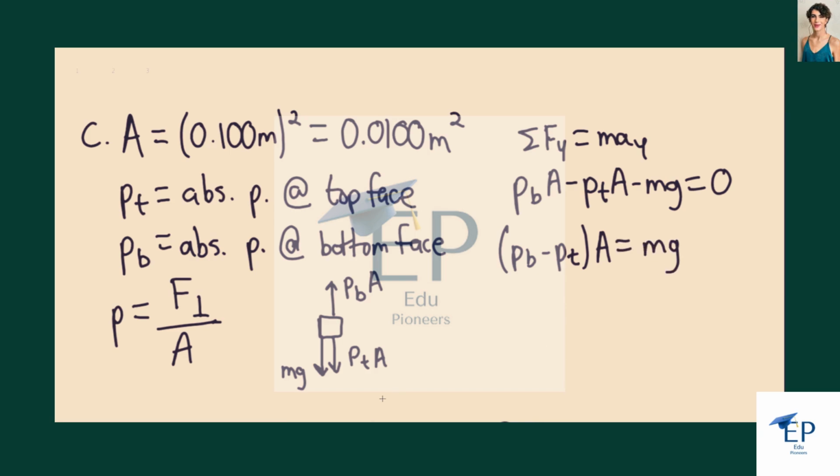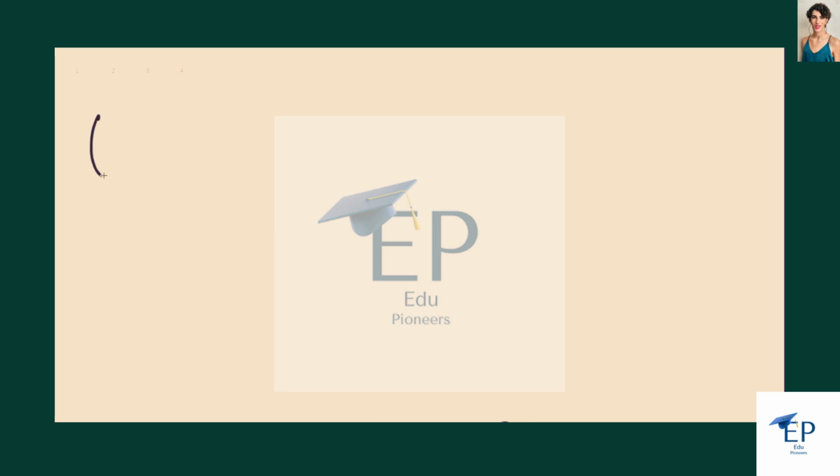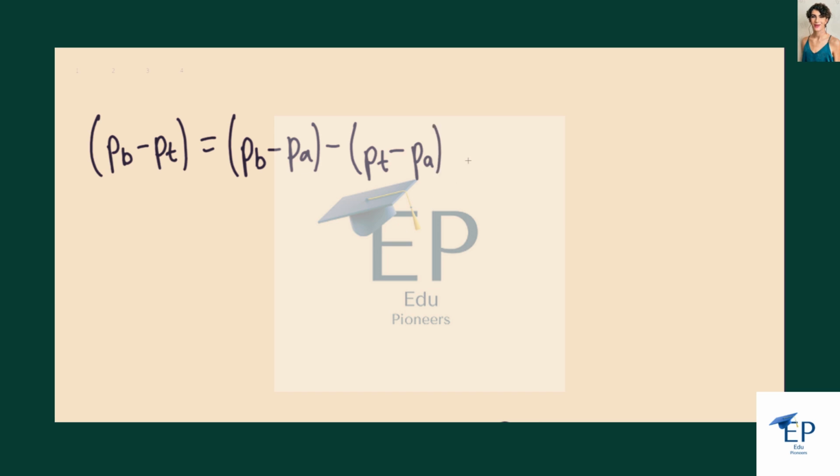And so we're also going to note that the pressure at the bottom face minus the pressure at the top face will equal the pressure at the bottom face minus the pressure of the air, minus the pressure at the top face minus the pressure of the air. And so this would be 921 pascals minus 116 pascals, which equals 805 pascals.